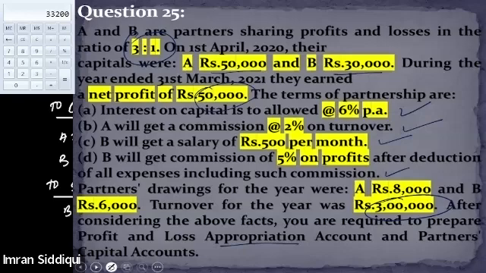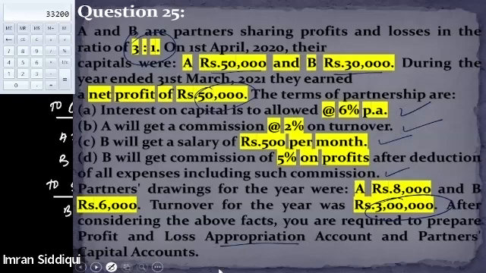So that means after subtracting all the values, whatever value we get, on that we need to calculate 5%, considering that commission is already subtracted. So this is how we will calculate it. See, the remaining amount after subtracting is 33,200. Is that right? Yes, after subtracting all the expenses it is 33,200.